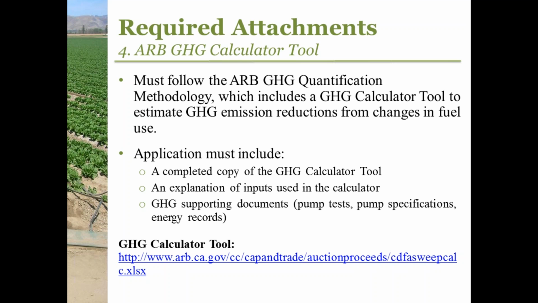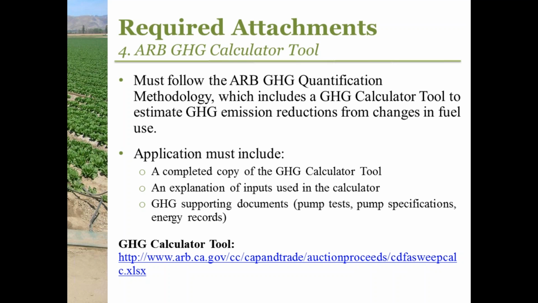So for the ARB greenhouse gas calculator tool, we must follow the ARB's greenhouse gas quantification methodology, which includes the use of that calculator to estimate the greenhouse gas reductions that are affiliated with your project. And you need to include a copy of that greenhouse gas calculator tool within your submission.